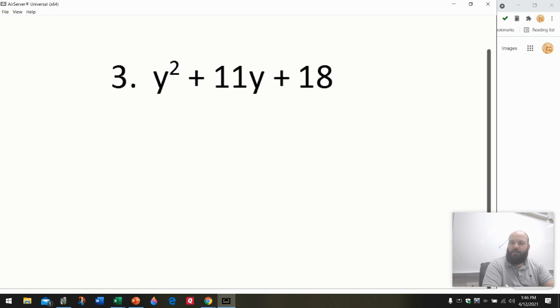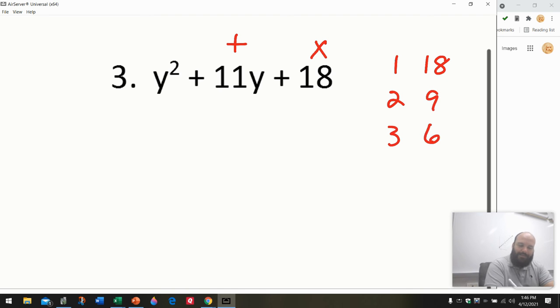We have, this is a quadratic trinomial. And so we'll put a plus over the 11. We'll put a multiplication over the 18. We write our factors of 18, 1 and 18, 2 and 9, 3 and 6. We need to determine which pair will add up to be 11.